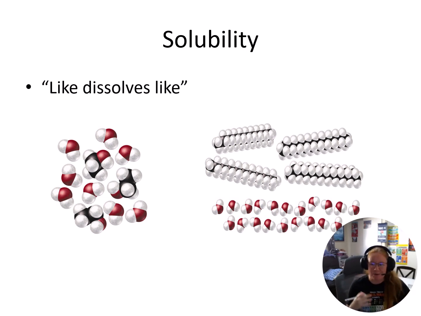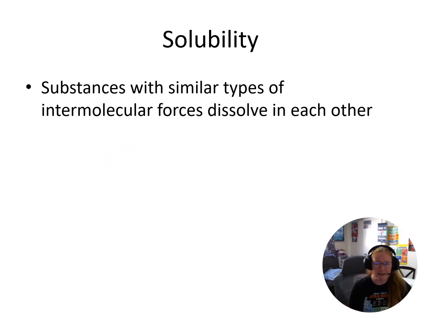But if I have two things that both hydrogen bond, they're going to have a higher chance of success in interacting with each other. All right, so when I look at substances, things with similar types of intermolecular forces will dissolve in each other. In a pure sample, let's say we have a solvent. We have solvent-solvent interactions.